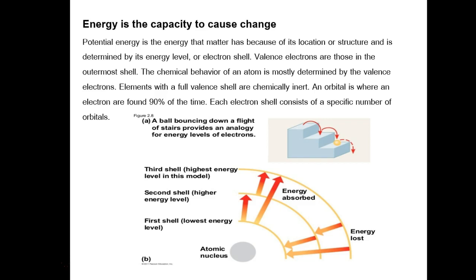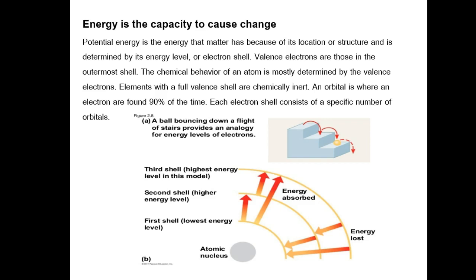Elements with full valence shells, so if you have as many positive charged particles as negative, are generally chemically inert. And if they're chemically inert, they're very stable. That's the thing about them. If you want them to bond with something new, you actually have to pull one of those electrons off and move it out of there.